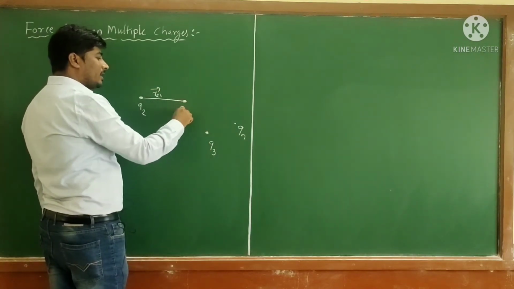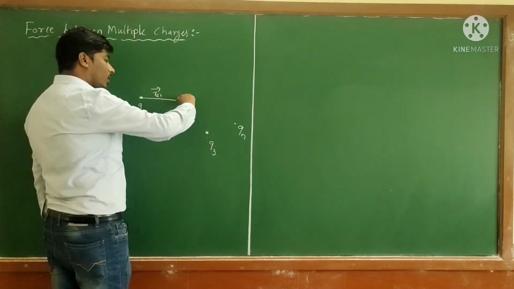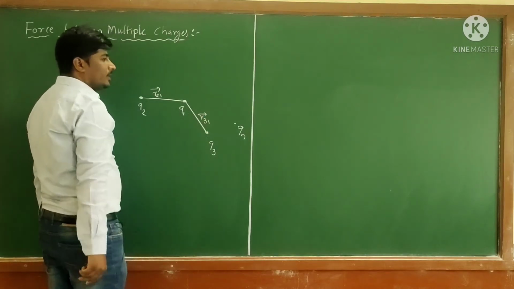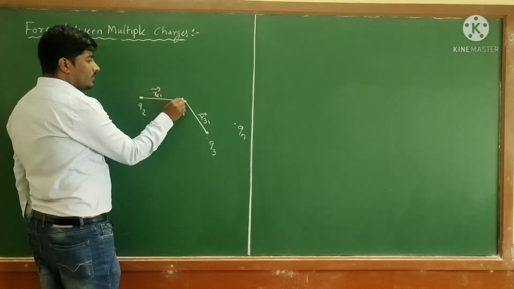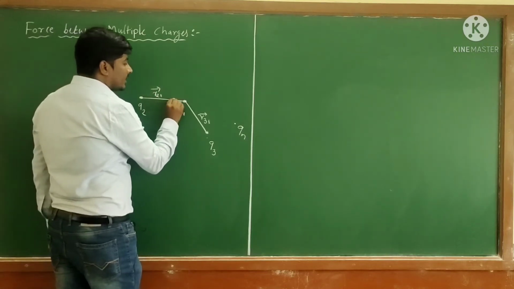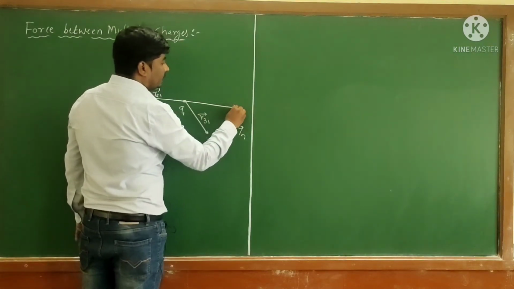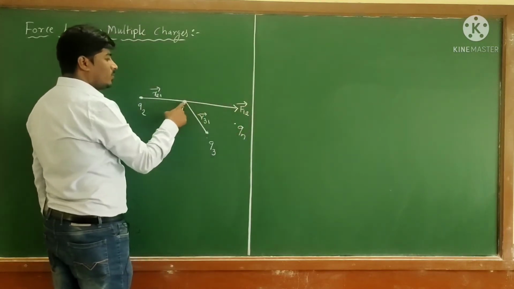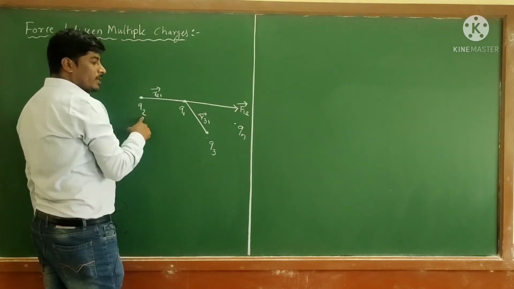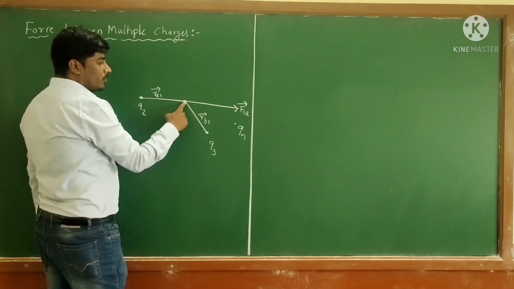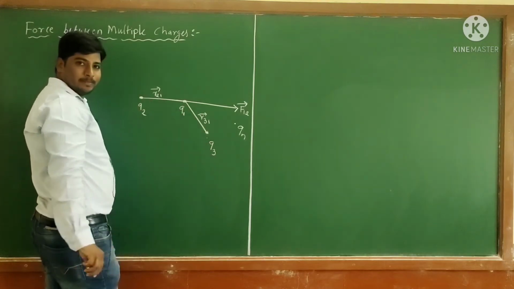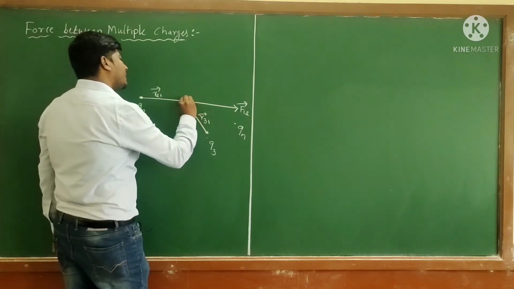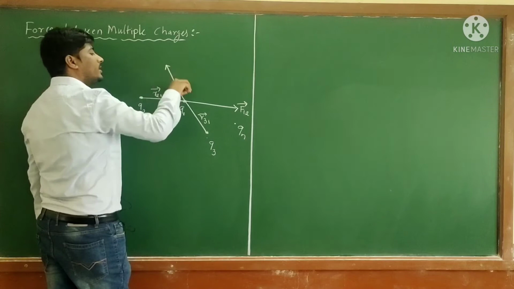Similarly, for the force on charge Q1 due to Q3, I will call it R31. The force acting on charge Q1 due to Q2 is F12. Similarly, the force on charge Q1 due to Q3 is in this direction because all these are the same charges.